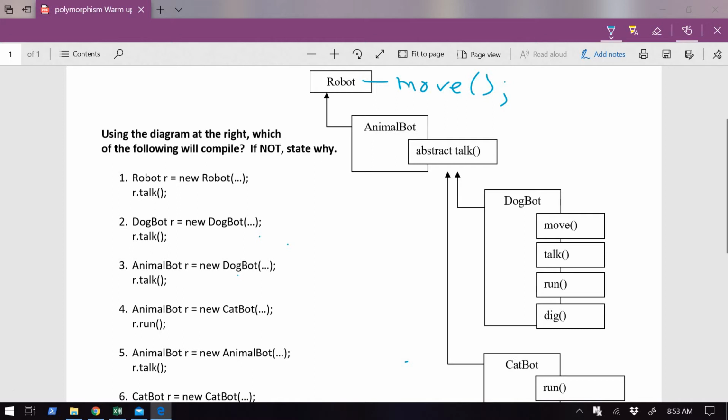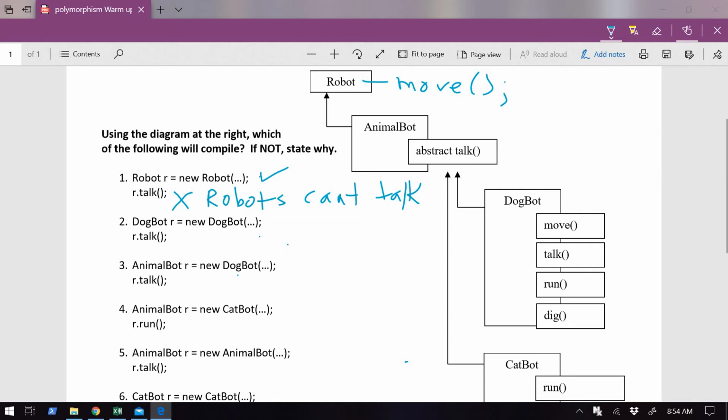I can have a robot pointing at a robot object, that's all good, but since robots only move, this call right here is invalid because robots can't talk. The only capability of a robot is to move, and since you are asking it to talk, that is invalid. So we're done with number 1.